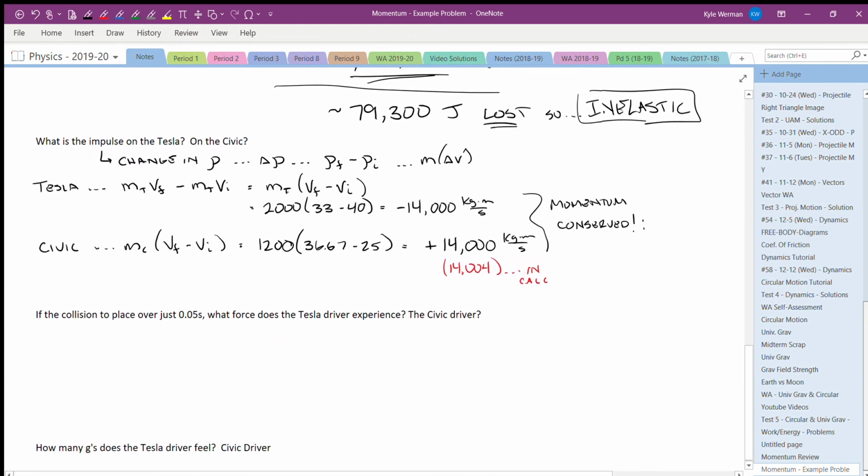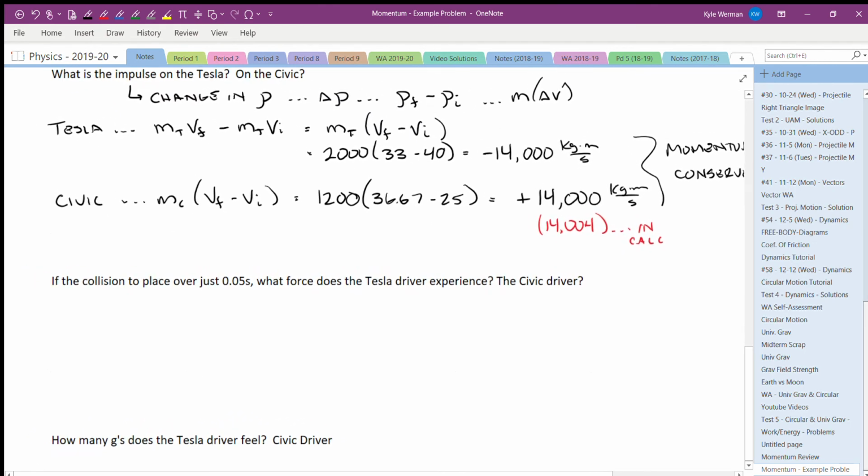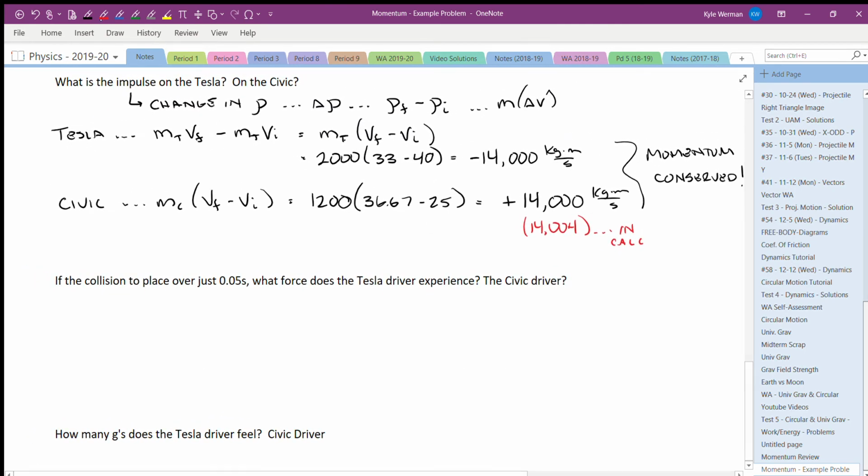And now, if the collision took place over a time period, we can actually look at the force, right? We're given a time, we want a force, and we know that the change in momentum is equal to the force times the time. And so if I want to know the force they feel, force would be the change in momentum over time.